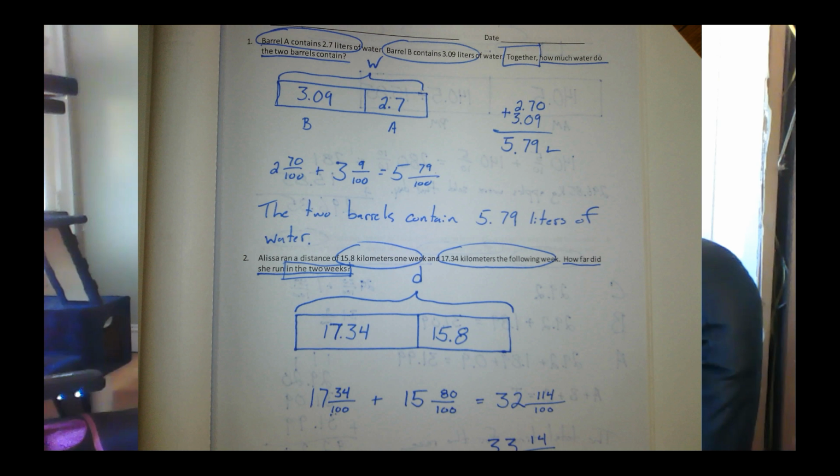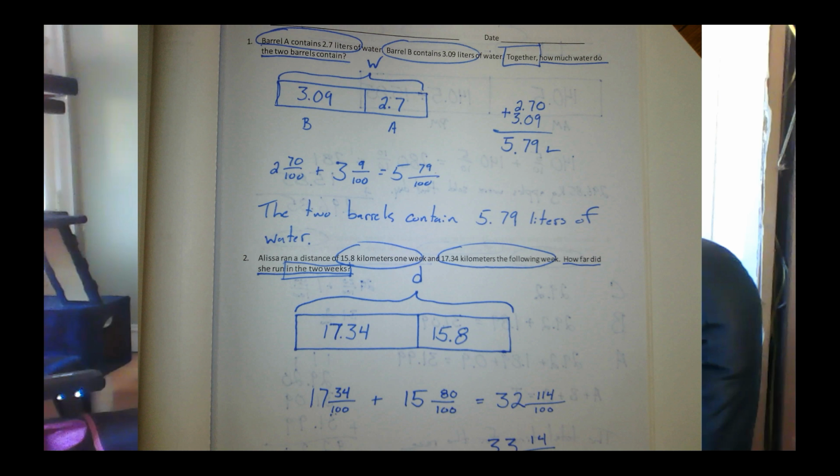17 and 34 hundredths, if we were using fractions and we wanted to make them compatible so that we could add them together, right? Because that's what we're doing here. We're combining, adding values. 17 and 34 hundredths plus 15 and 8 tenths. Remember that by multiplying the numerator and the denominator by 10, we can turn 8 tenths into 80 hundredths.